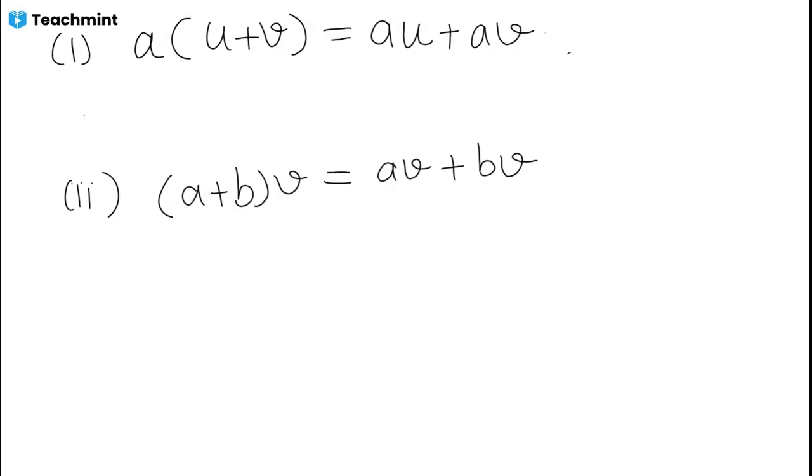So these are six properties which we need to verify in the given set V. If all the properties are satisfied by the elements of V, then we can say the set is a vector space.